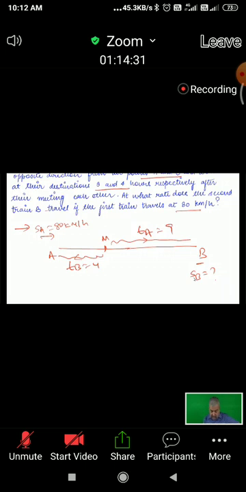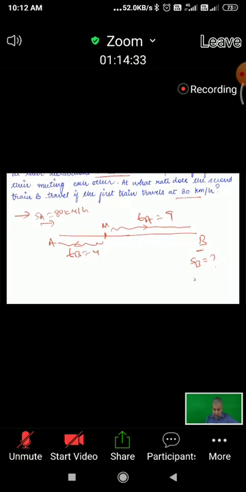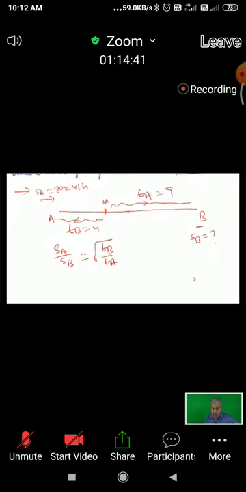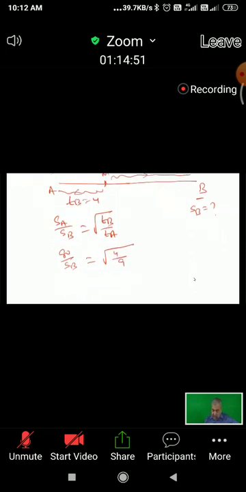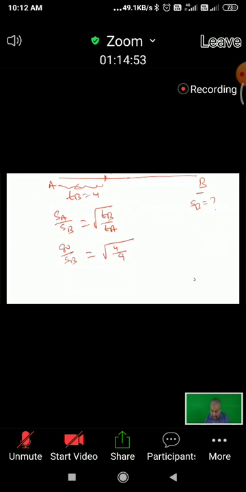Okay, Akansha. Now you can use SA by SB equal to square root of dB by dA. Now SA by SB means 80 by SB. dB is what? I have written 4, and dA is what? 9. Just calculate now.